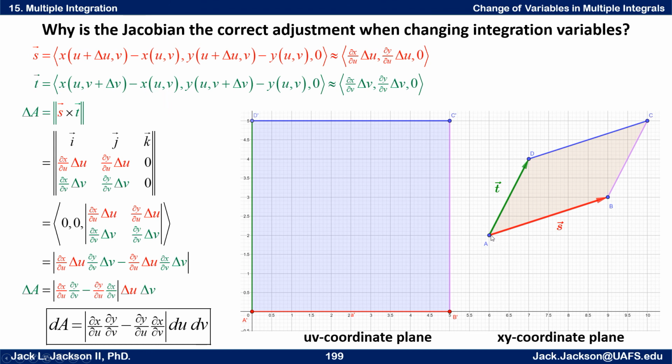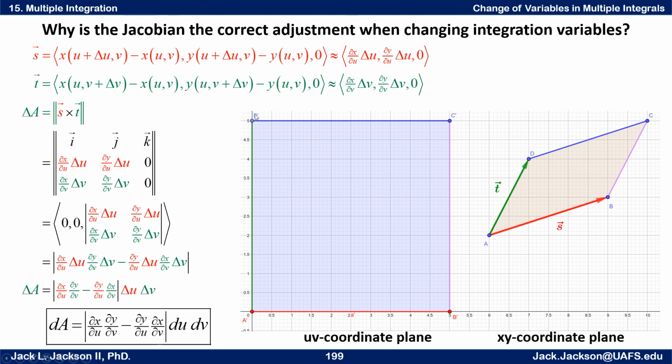So again, this x has uv coordinates over here, and this one has the same u, but the v is moved by delta v. And similarly for y here, again z is 0. So this is approximately the partial derivative of x with respect to v, comma, partial derivative of y with respect to v, times delta v, and 0.